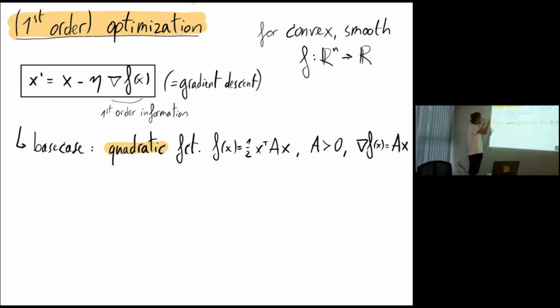A typical example is a quadratic function, a nice convex function, of the form 1/2 x transpose A x, where A is a positive definite matrix. So f is not just convex; it's strongly convex everywhere. And the gradient of f is just A times x.